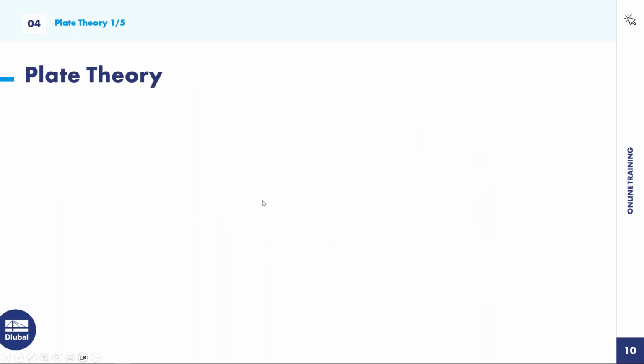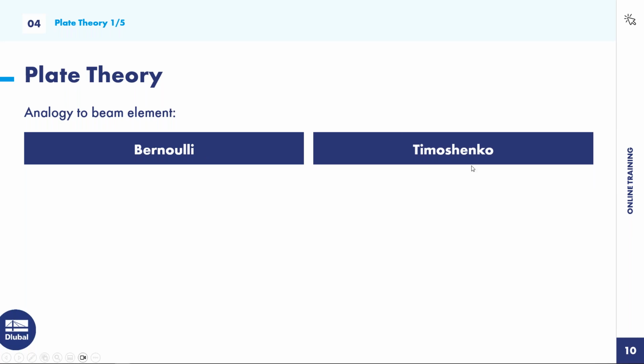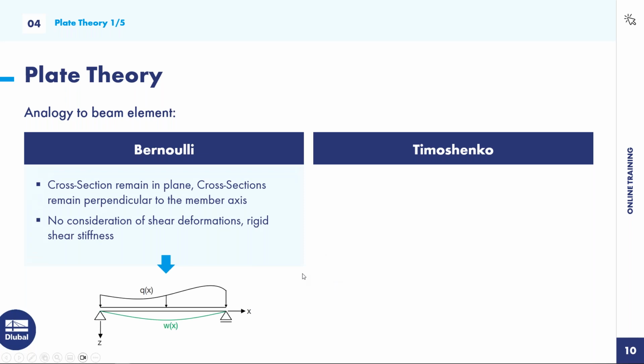So the next part is plate theory, which I'm going to start with an analogy to beam elements. I already mentioned the Bernoulli beam, and the other big player is the Timoshenko beam. So what are the differences between those two? The Bernoulli beam does not consider the shear deformations of the beam.